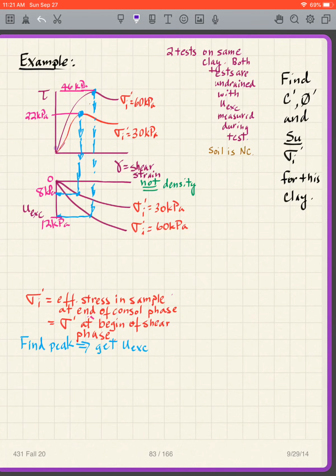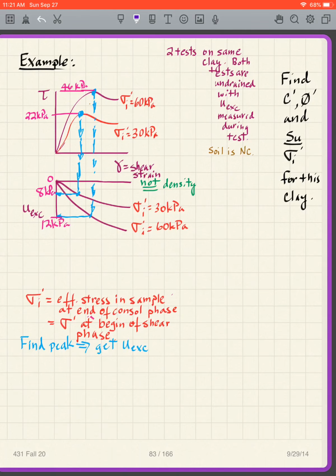And then we have our other test. We look for the peak. The peak is there. And then at that strain, I look for the u excess. So I get that, and that. Those 3 numbers go together, the 60, 46, and 12.